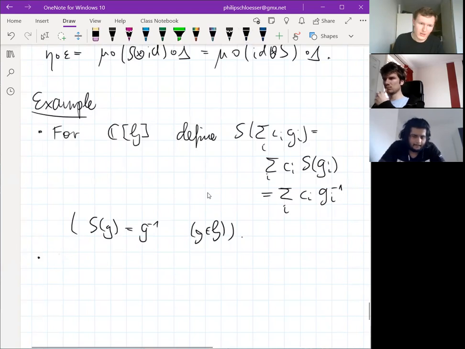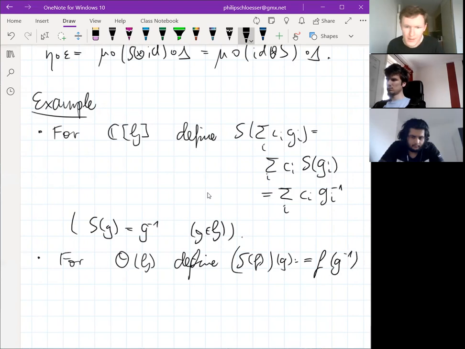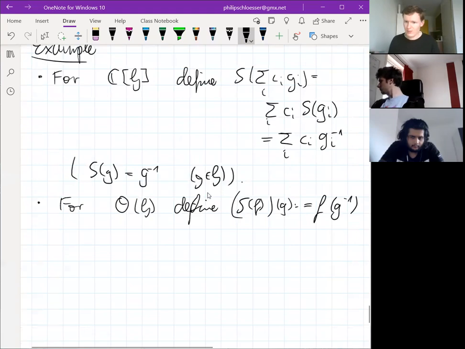Secondly, in the case of our affine algebraic group, so for regular functions on the group G, define S of f applied to some element of the group, just to be the inverse of that element, inserted into f. Again, note that because we are doing inverses, we are reversing the order in which we would multiply.